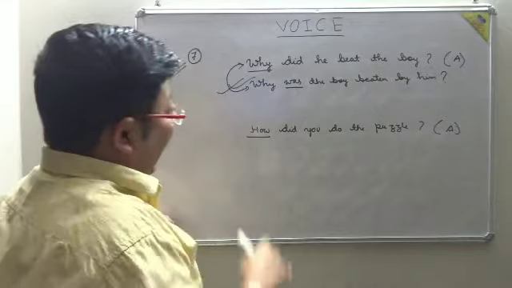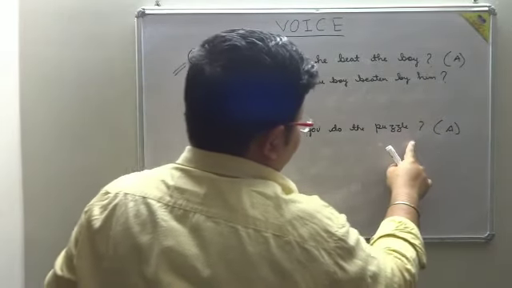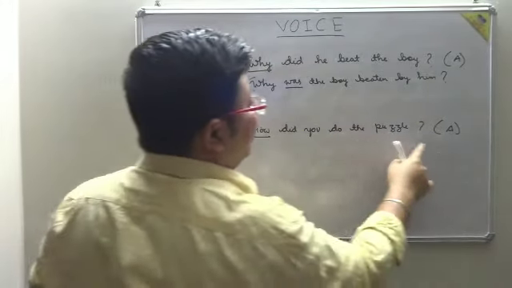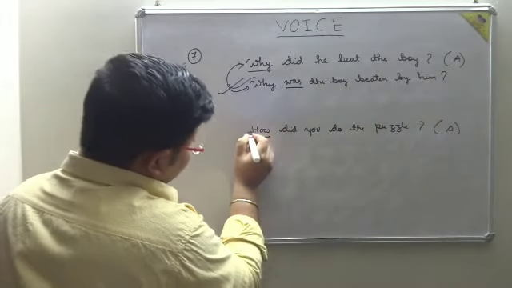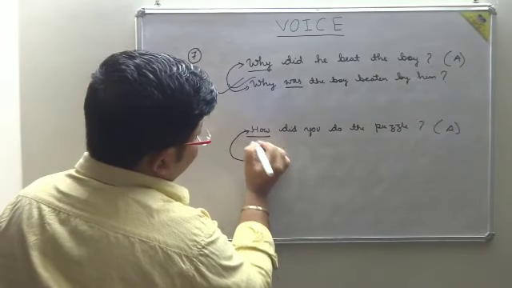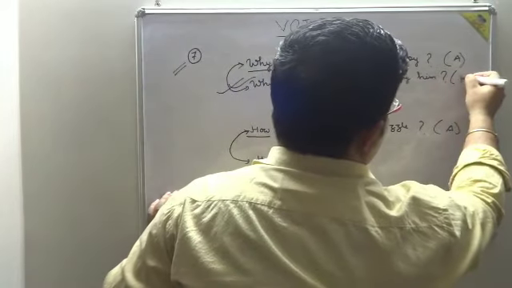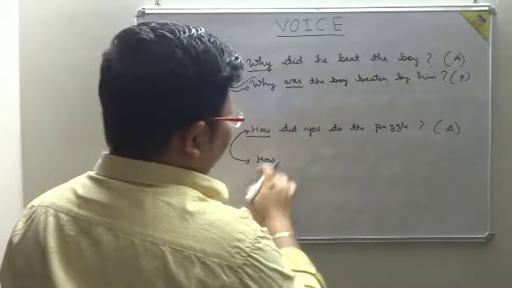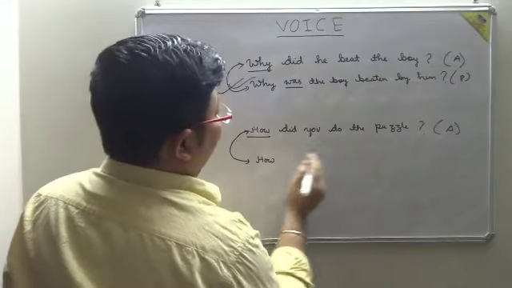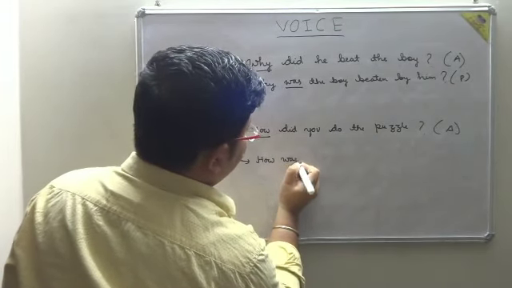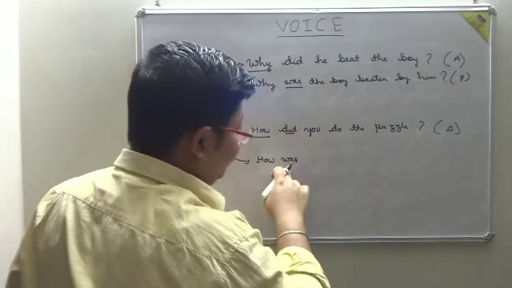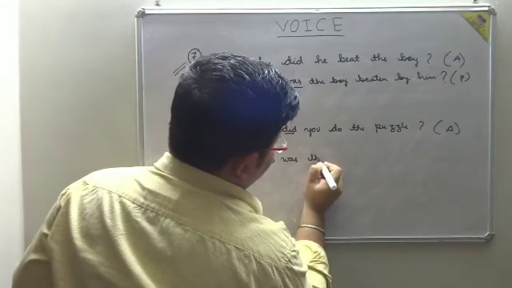How did you do the puzzle? How will remain how only in case of passive voice. How did you do the puzzle? How was the puzzle done by you? Similarly, did is there, so was will come.